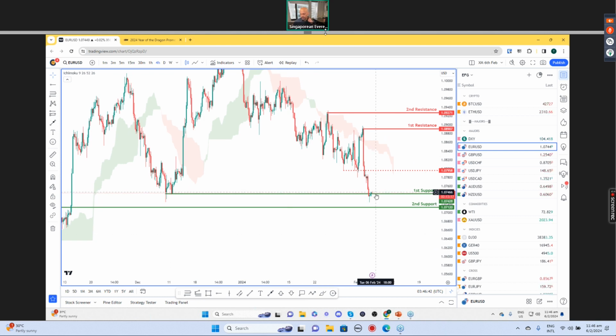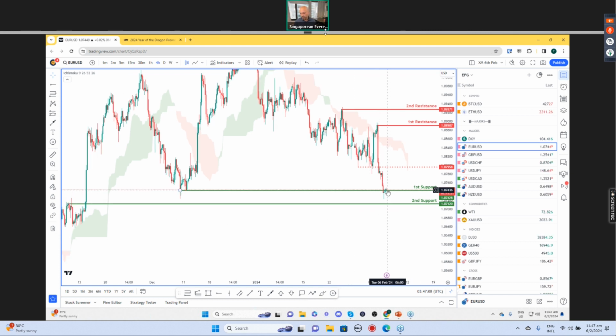So should price reverse from the first support, which is at 1.0742, and continue to drop lower, we can identify a suitable TP level at about 1.0715. So maybe if we put our TP 5 pips above this level, for example, at about 1.0718 to 1.0720, is where we can identify a potential take profit zone should price for the euro reverse from its current level and drop lower, right?